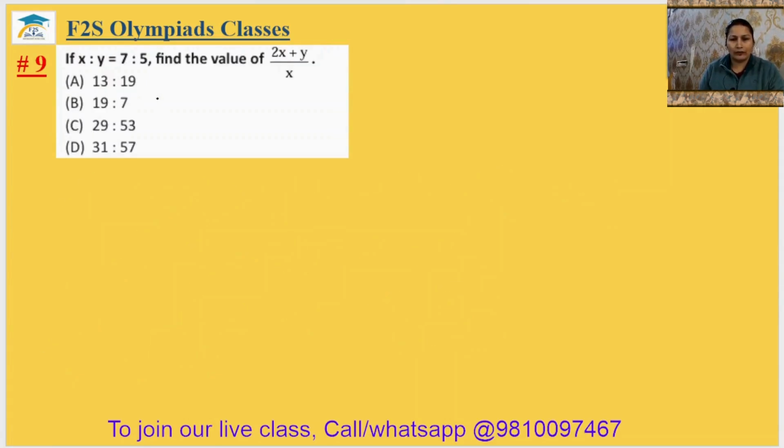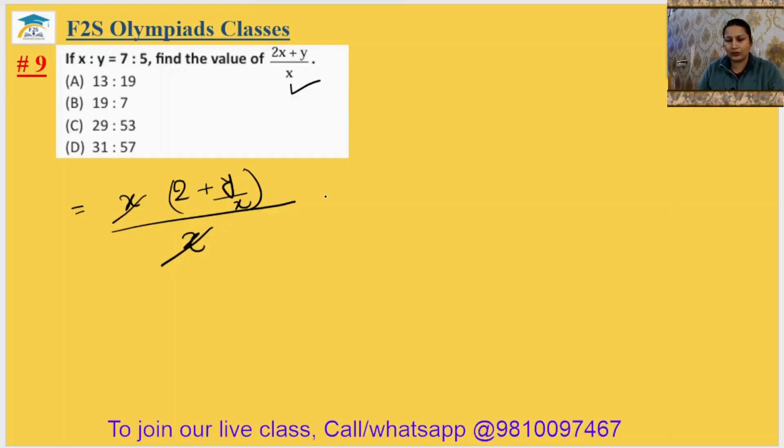Question number 9. X is to y equals this. Find the value of 2x plus y upon x. So here we can write this expression by taking x common: 2 plus y by x upon x. X cancels out. So 2 plus y by x.